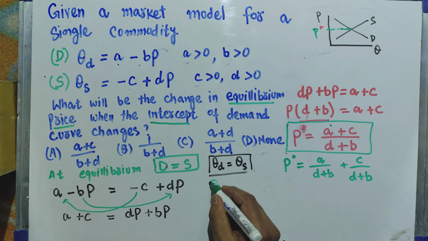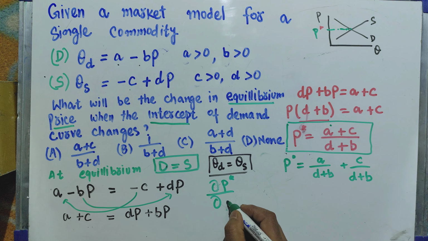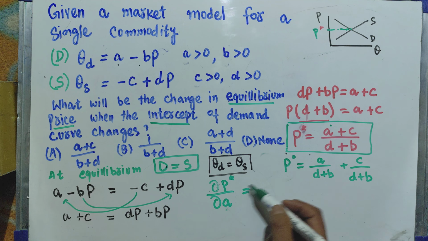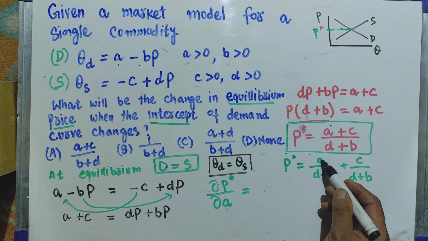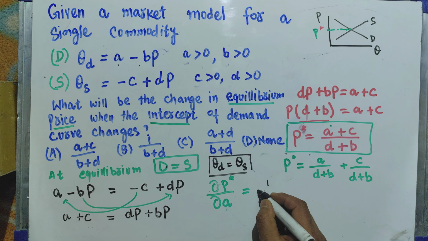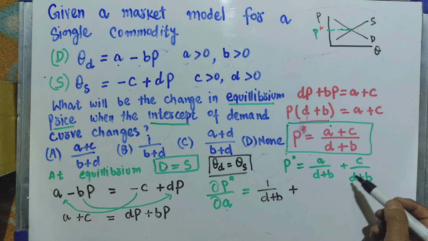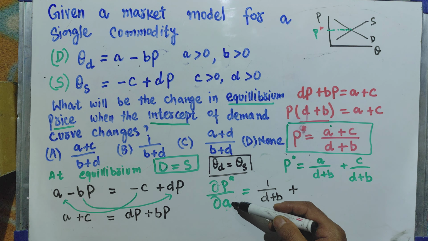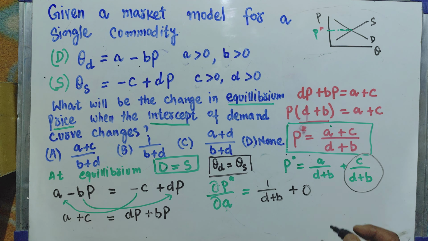Now the change in the equilibrium price when the intercept, which is A, changes will be equal to the partial derivative of this function with respect to A. Now the derivative of A will be 1. We are left with 1 upon D plus B plus, since we are taking partials with respect to A and no A is involved in this term, its derivative will be equal to 0.